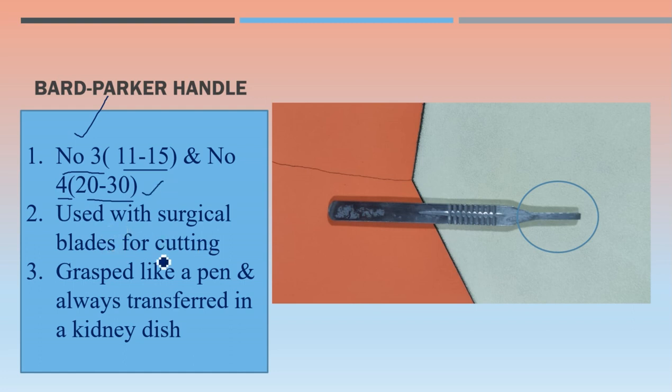This is used with surgical blades for cutting, it is grasped like a pen, and it is always transferred in a kidney dish. But remember, whenever you are giving a laparotomy incision, it's always better to hold this BP handle in a horizontal fashion, parallel to the abdominal wall, for getting a clean incision, right?